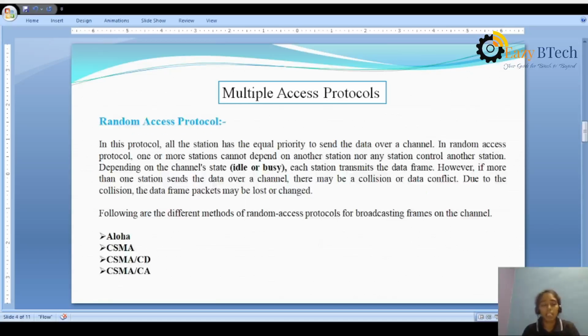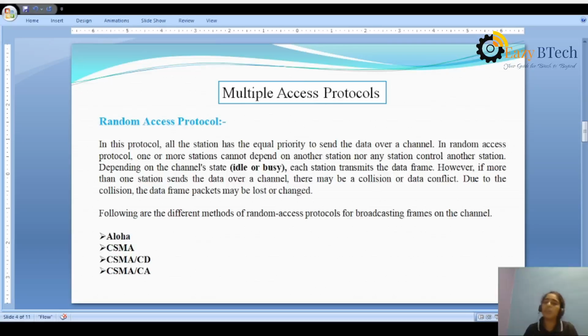In the random access protocol, all the stations have equal priority to send data over a channel.